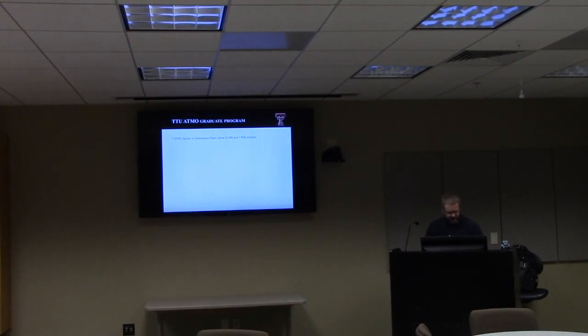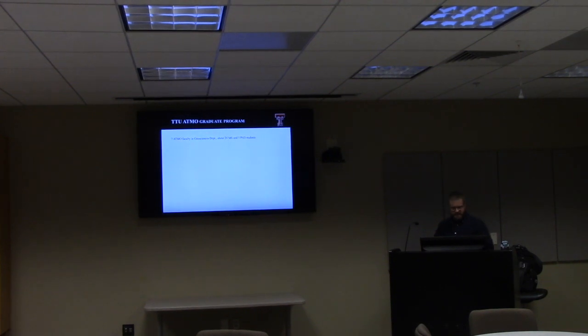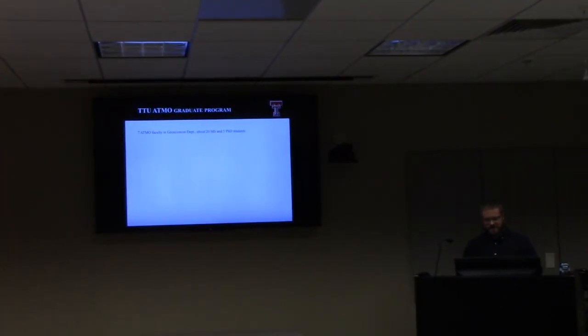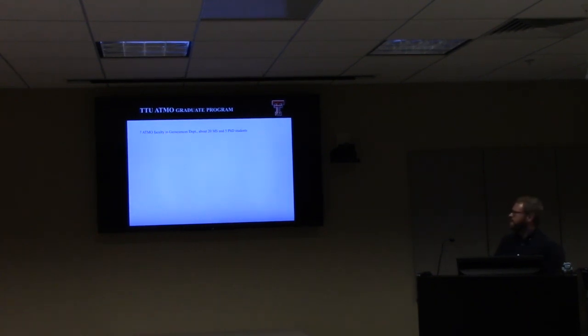So the ATMO graduate program, just to give you a sense of the size, there's 7 atmospheric science faculty in the geosciences department, and that serves about 20 masters and 5 PhD students. That fluctuates a little bit, of course. And all of us are fairly research active, and so we deal with lots of data.